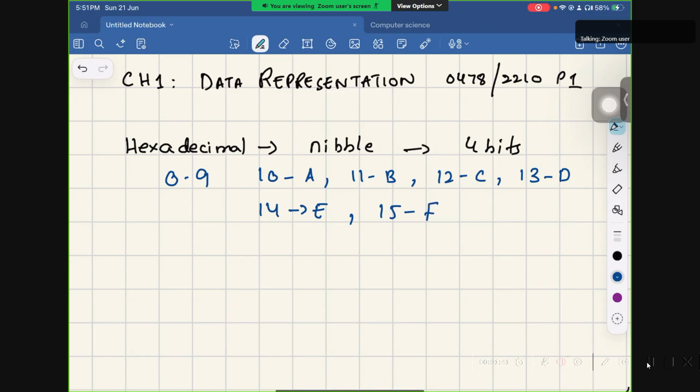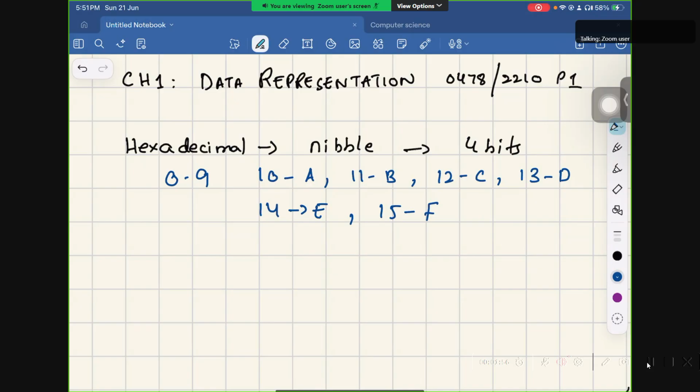As soon as 10 comes, it will be represented as a letter, up to 15.